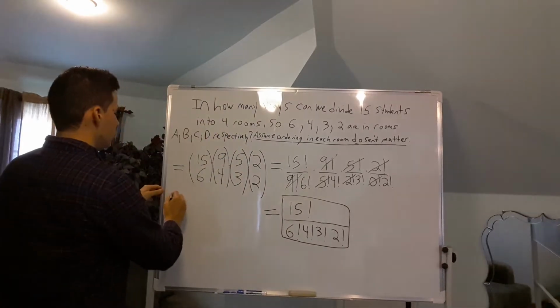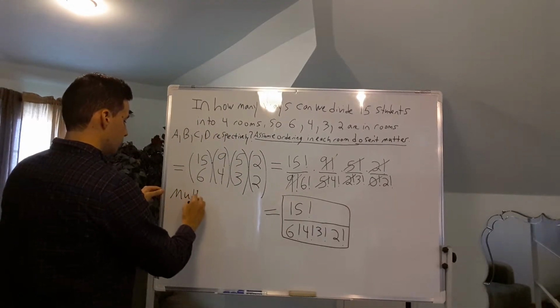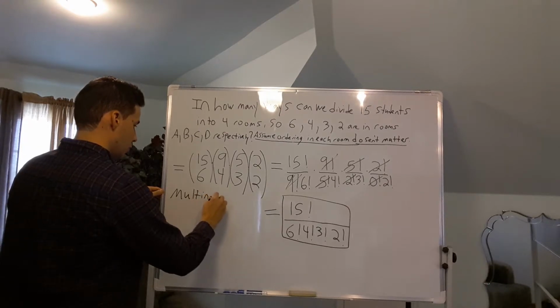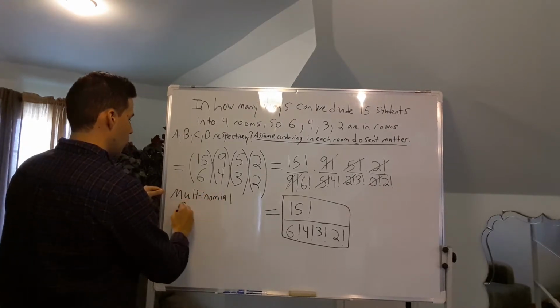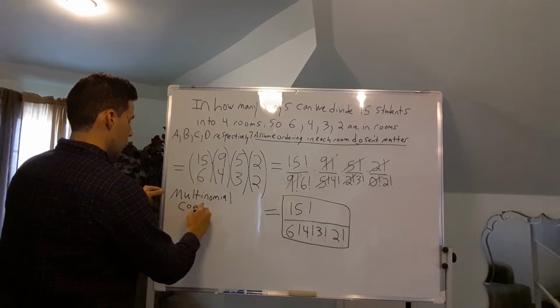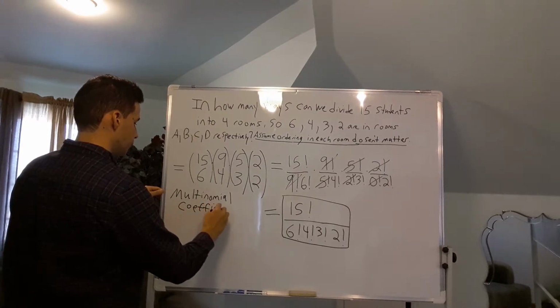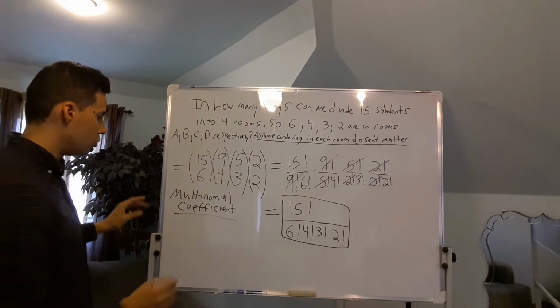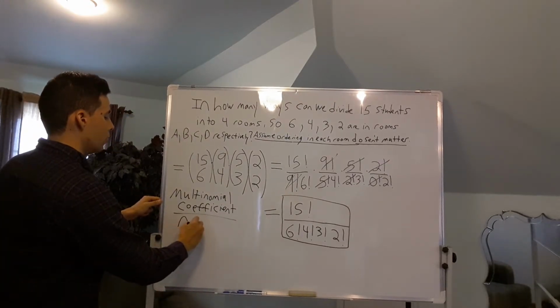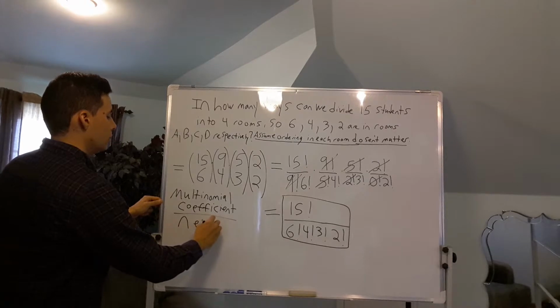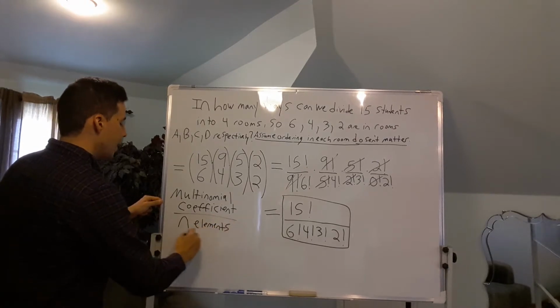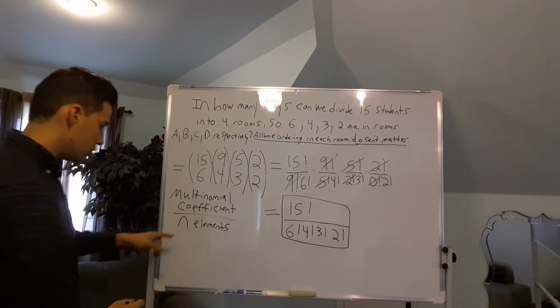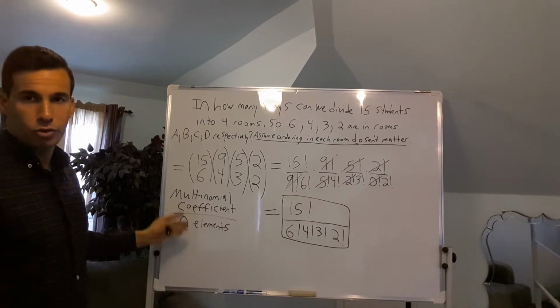This is called a multinomial coefficient. So this is trying to say when you have n elements you're starting with, and you're splitting the n elements into different groups.